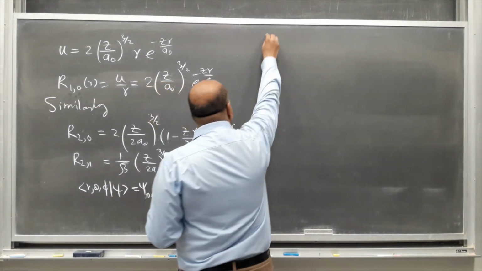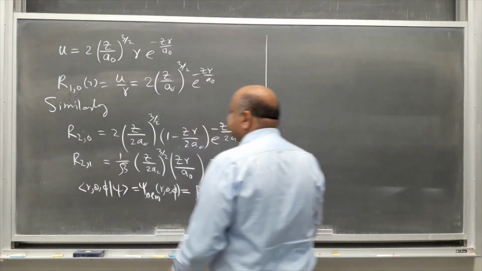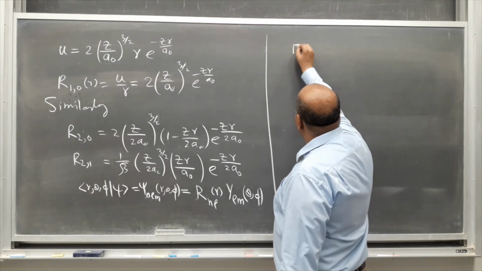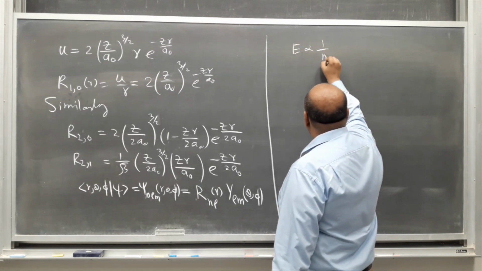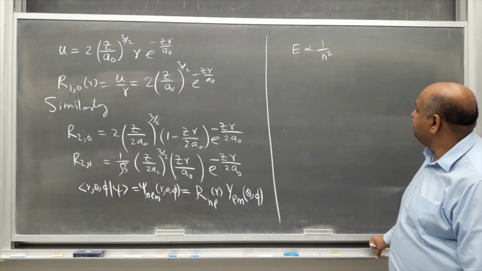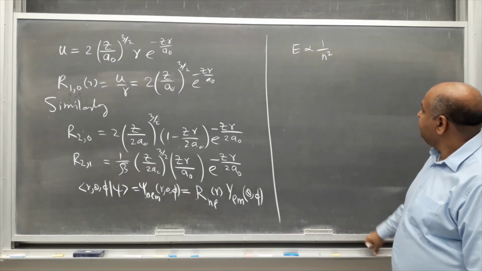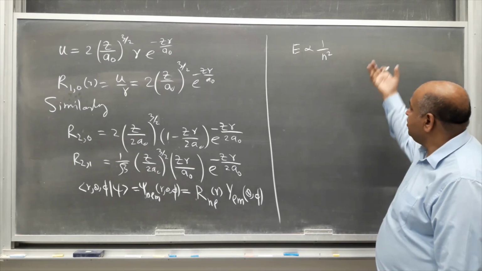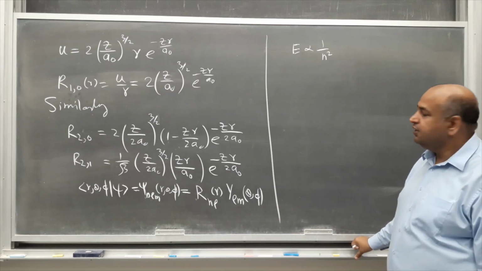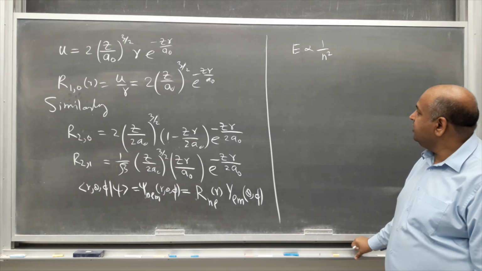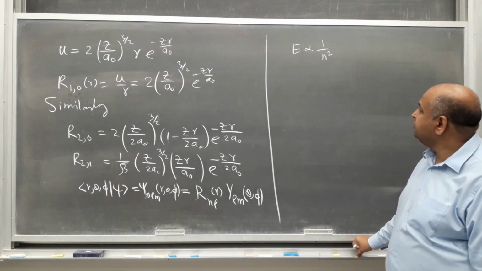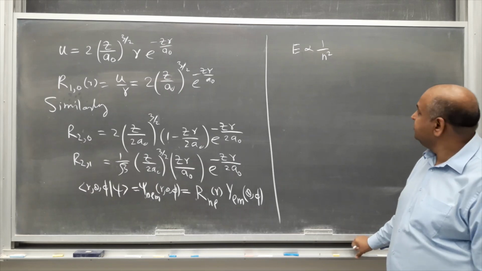There's one peculiar feature of these eigenfunctions, which is that energy only depends on the index n, and it doesn't depend on L and M. So for each n, whatever the values of L and M are, the energy is the same when the atom is alone, that is, there's no external perturbation or external force acting on it.